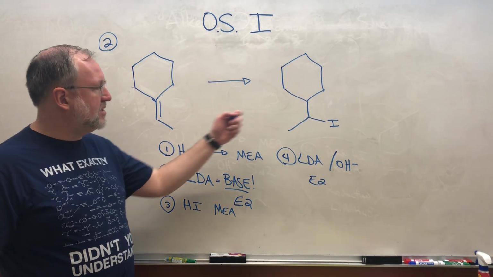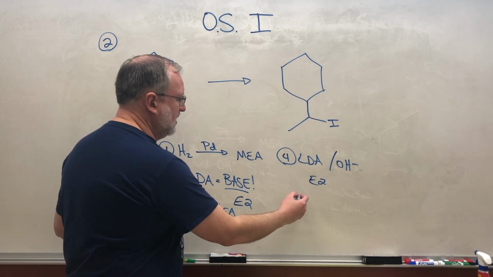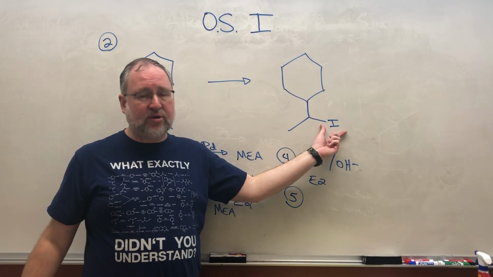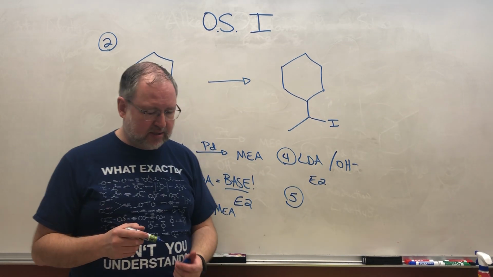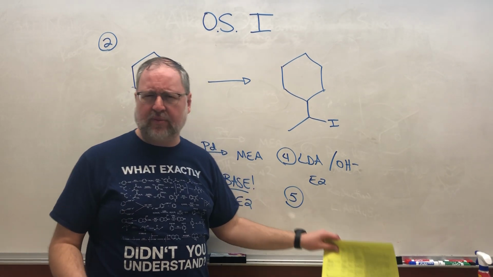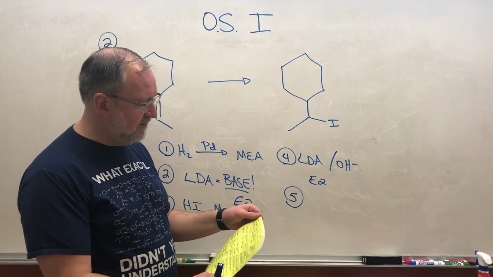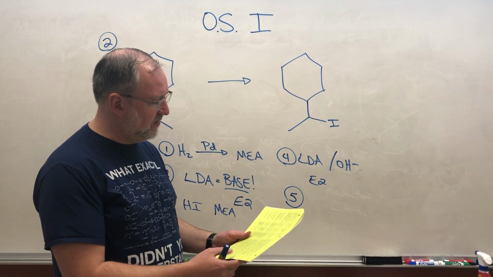And now we're close, right, from going to here to here. The only thing we need to do is we need to break this double bond, and we need to add the more electronegative element in the less substituted position. So that is electrophilic addition, but that's not the Markovnikov flavor. You remember that we did learn about one other flavor of electrophilic addition, and that is the anti-Markovnikov flavor.